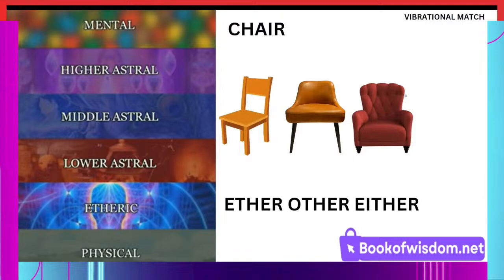Depending on the vibrational state of the thought will depend what level of the astral plane it will go to. For example, if you're thinking about a chair to torture someone on it, it's going to go on the lower astral plane. Or if you're thinking and imagining happy things, it's going to go to the higher astral plane.